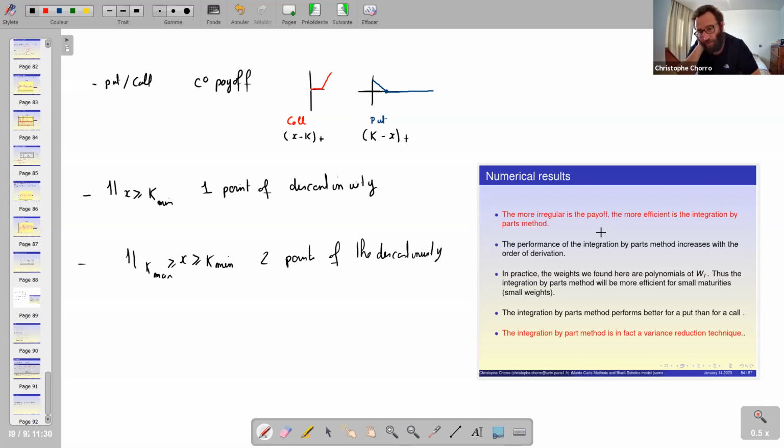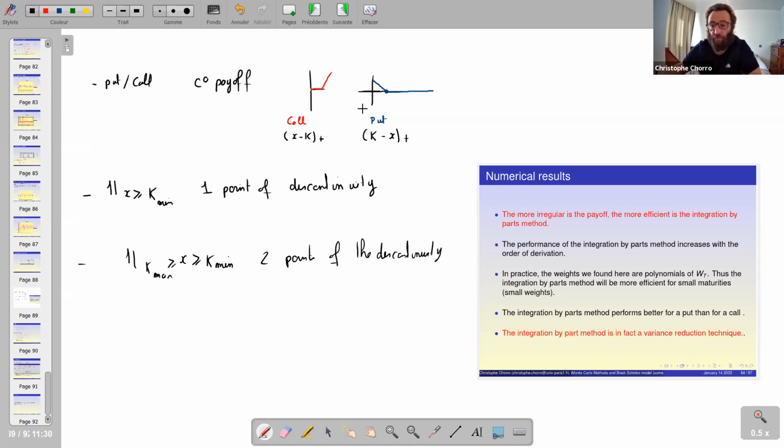Okay, so I have this, and I have also observed that the integration by part performs better for a put than for a call. And why does it perform better for a put and not for a call? Because here you have something that is bounded, the payoff of a put is bounded, and the payoff of the call is not bounded.